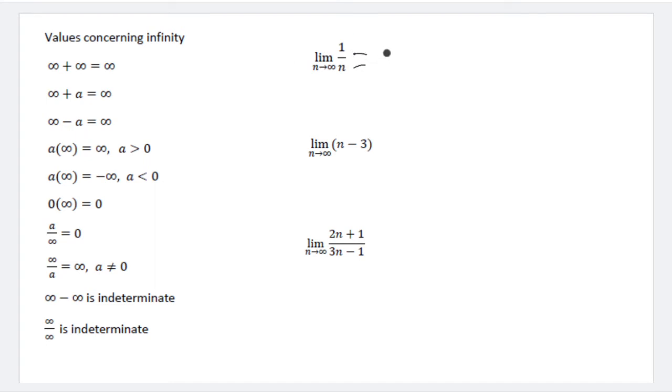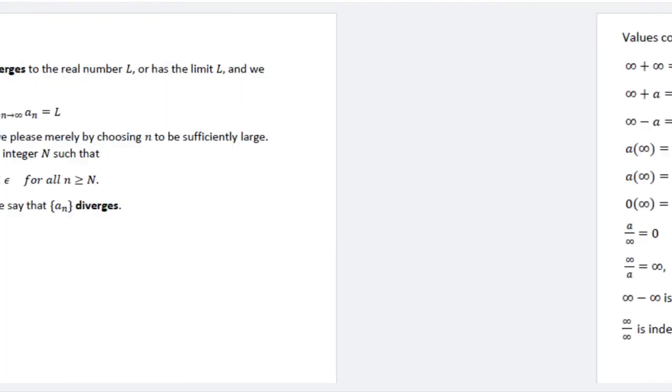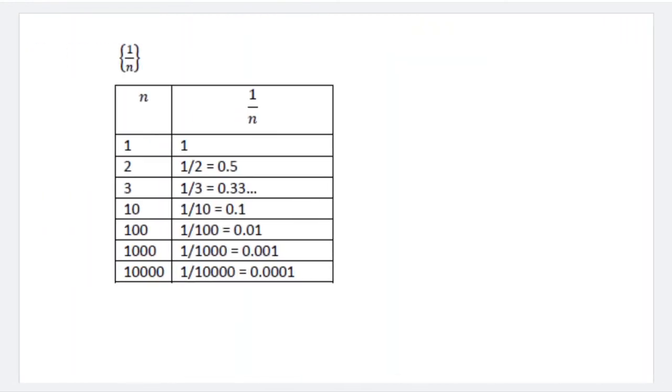So this is equal to 1 over infinity. Now remember what we have here, a divided by infinity is equal to 0. So that means the sequence 1 over n converges to 0. Let's go back to that slide. Okay, here, this is the sequence 1 over n.